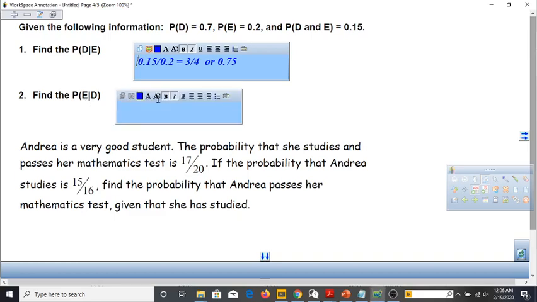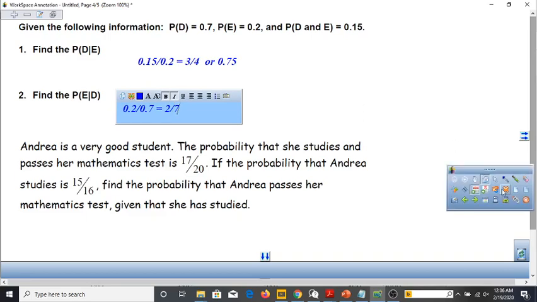Now the denominator is not E, the denominator is D. So my denominator is 0.7. And then we are going to put on top how much of that 0.7 comes from E, 0.2. So then my answer is going to be 2 divided by 7. And you can work the decimal version of that on your own.